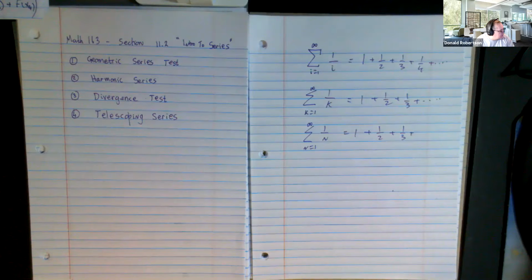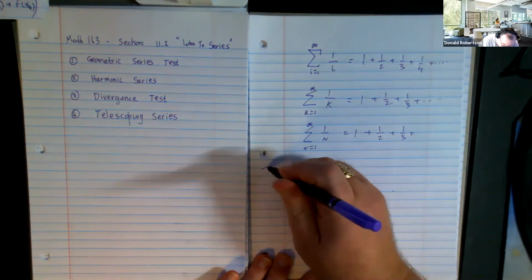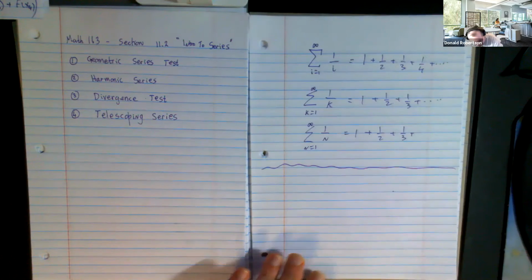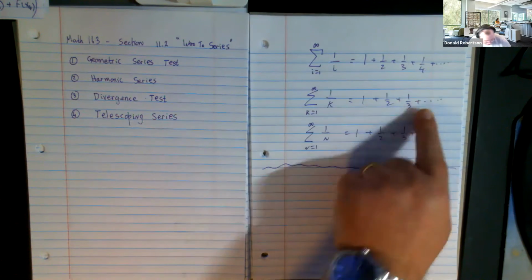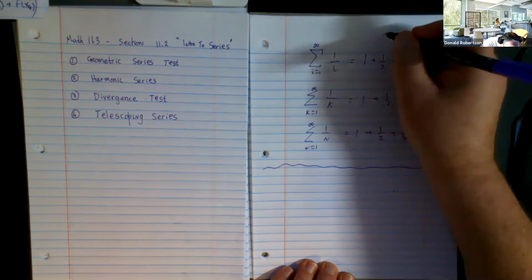I think they're inconsistent. Let's have a look. Oh, they like N a lot. Okay. Oh, and they like K a lot. Okay, so they at least use 2, if not 3 of these, right? And there's no significance to the letter that's being used. But these guys are called harmonic series.